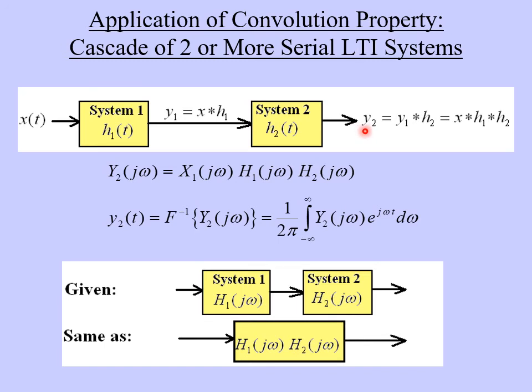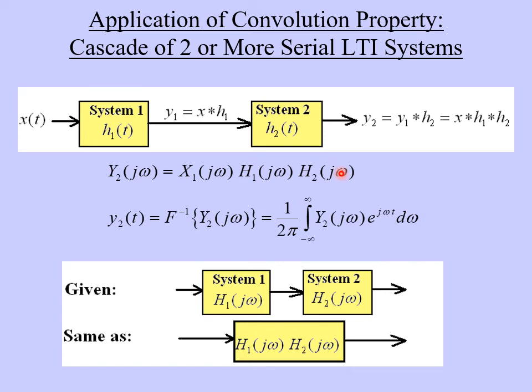And this y2 becomes uppercase Y2, the transform of y2. And for x, h1, h2, we can just multiply the Fourier transforms together. So we get big X times big H1 times big H2. These are all Fourier transforms, functions of frequency, not of time.